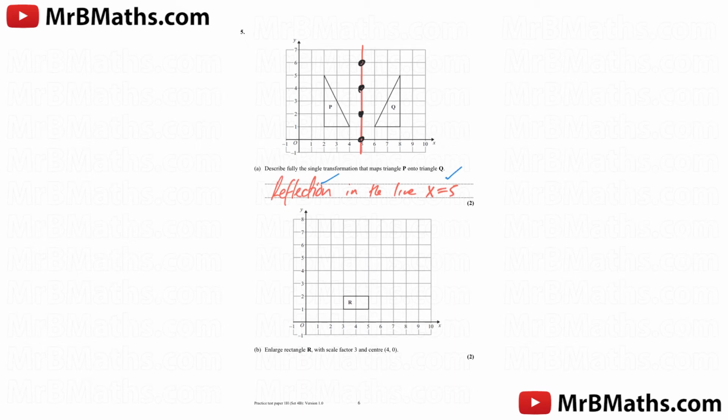Part B, enlarge rectangle R with a scale factor 3 and center 4, 0. So a common mistake is to think the center is always here and then start drawing your lines from that. So our center point is actually 4, 0, meaning here is our center point. Now what you can do is get a ruler and connect these lines up.